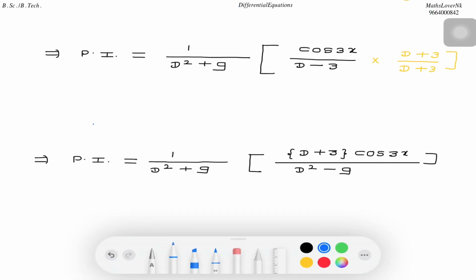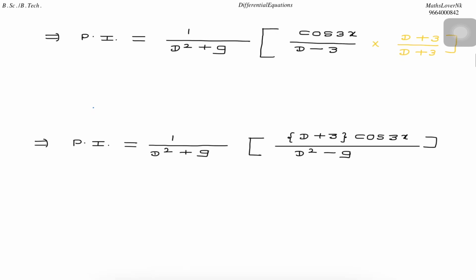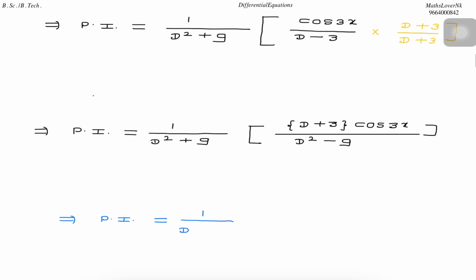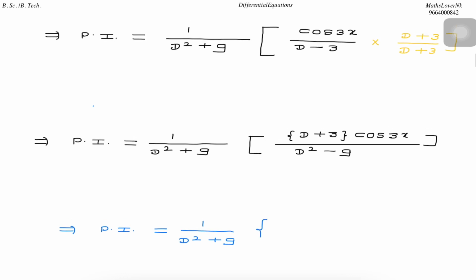So PI is equal to 1 upon d square plus 9 as it is. Now apply the identity for cos ax upon a function of d square.